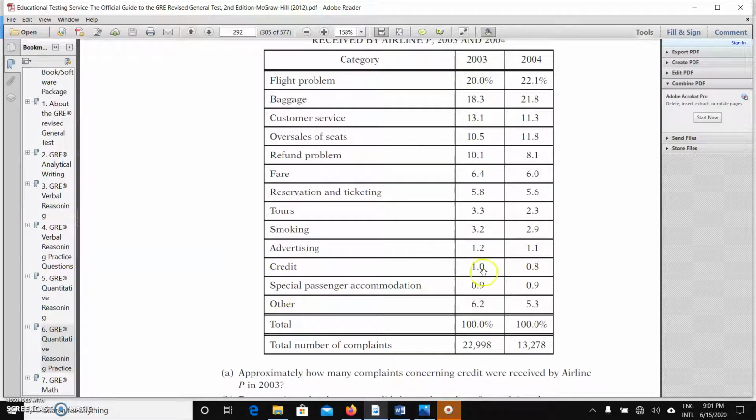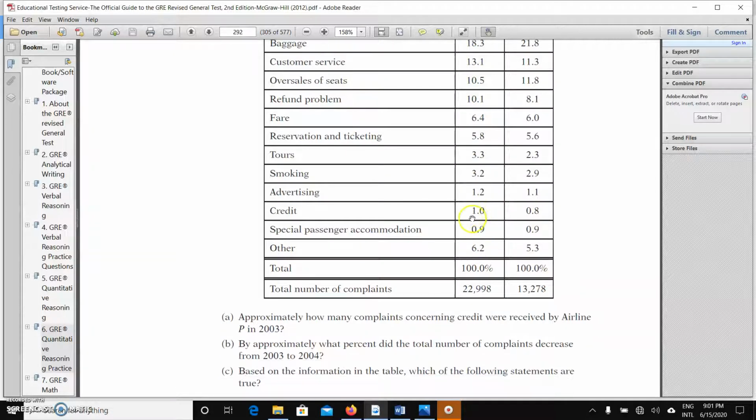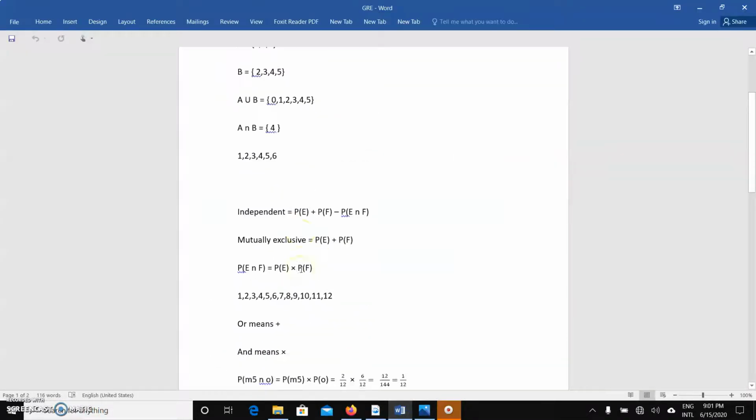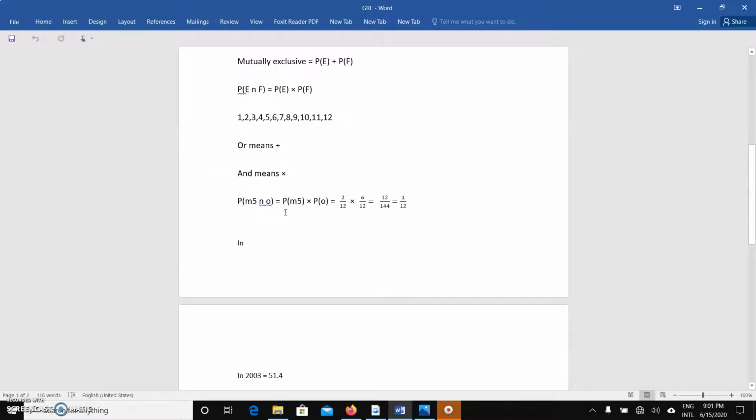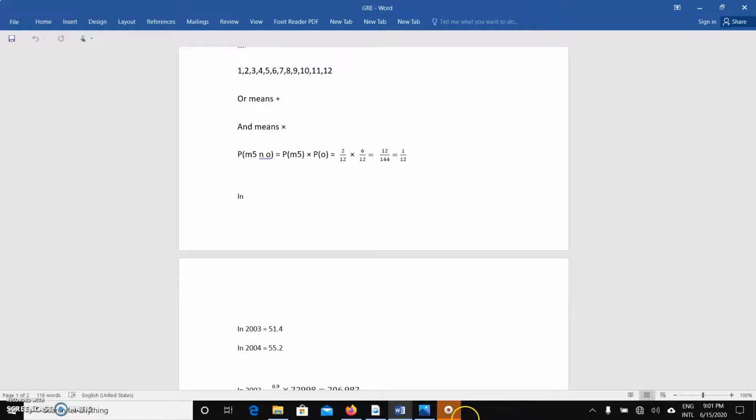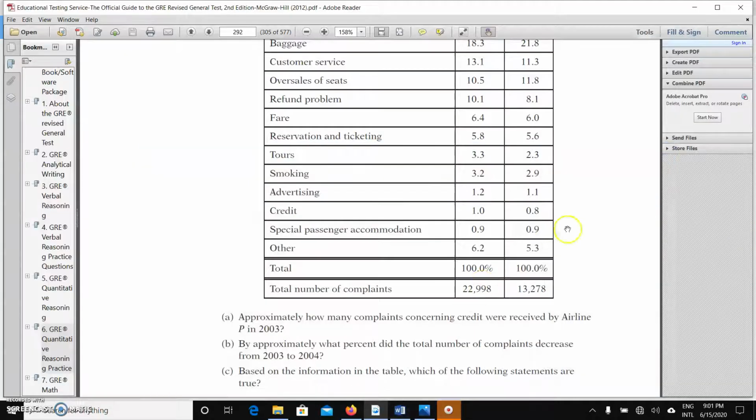So this credit is 1, and here it is 1% because it's in percent. So 1%. You said the approximate value, right? So 1% of the total amount here, which is 22,998. That gives you your answer. I didn't solve it here, but it's something you know.